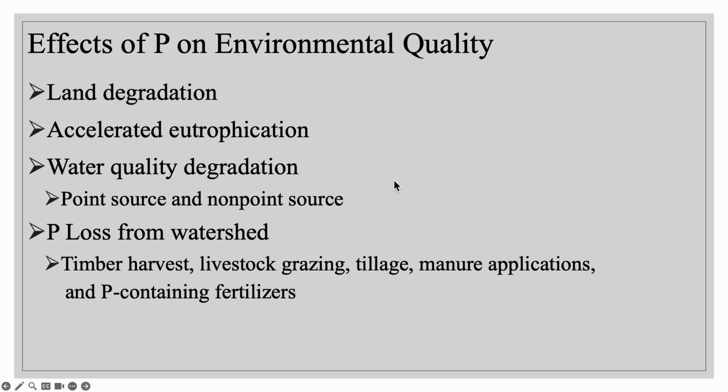The major problem that we have with phosphorus is water quality degradation and eutrophication. And so as we start to lose some of this phosphorus, it's not that the phosphorus is actually leaving. If you remember from the nitrogen module that we talked about, nitrogen is water soluble, and so it can be dissolved in that water and be transported with the water.